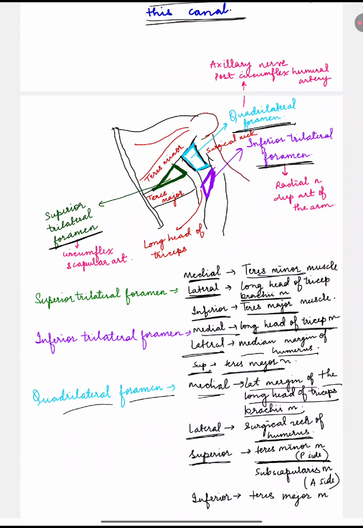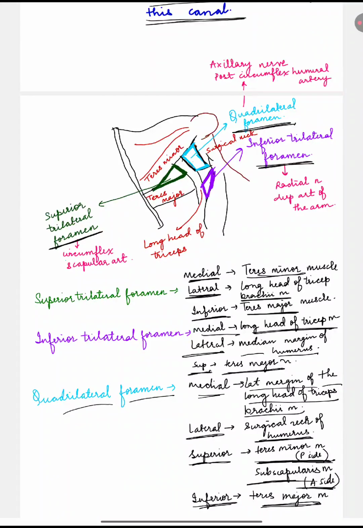Superiorly, teres minor muscle and subscapularis muscle. Teres minor comes from the posterior aspect, and subscapularis comes from the anterior aspect. And inferiorly there is teres major muscle.